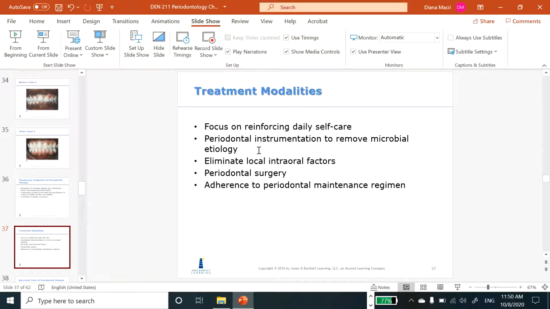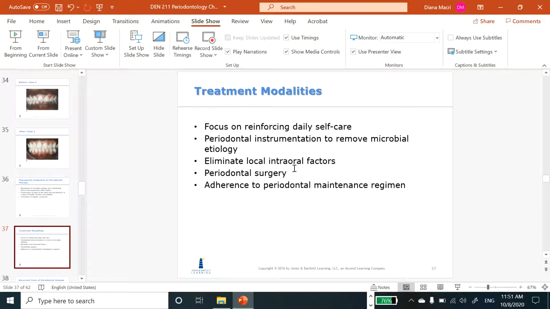Secondly is periodontal instrumentation to remove microbial etiology. That means I'm actually picking up my instruments and removing the biofilm. Biofilm, remember, is most important at the bottom of the pocket. That's where all the disease is happening. The disease is not happening along the margin of the gingiva. It is happening at the base of the sulcus.